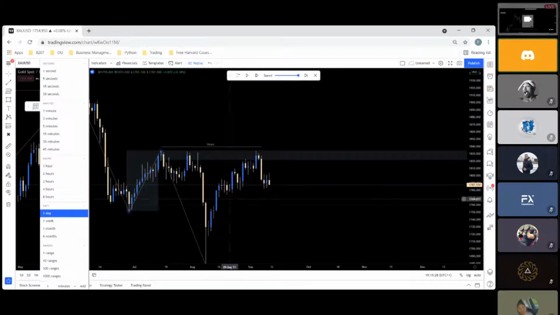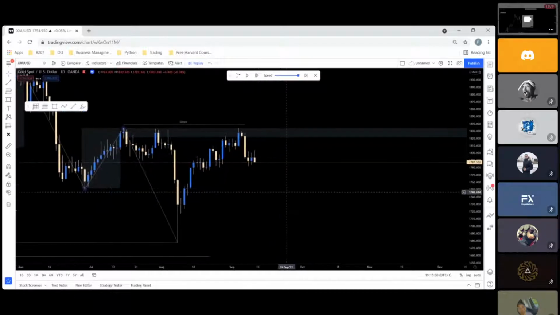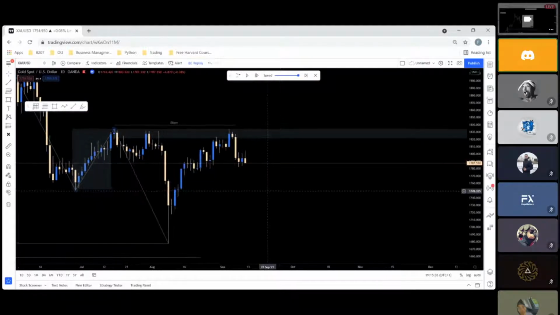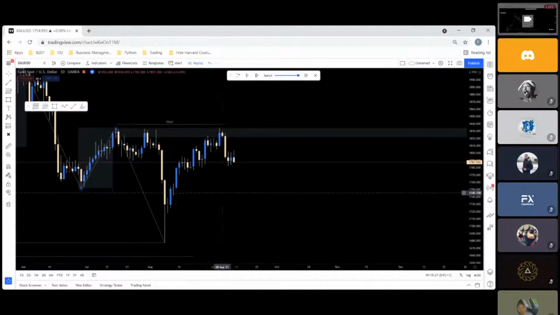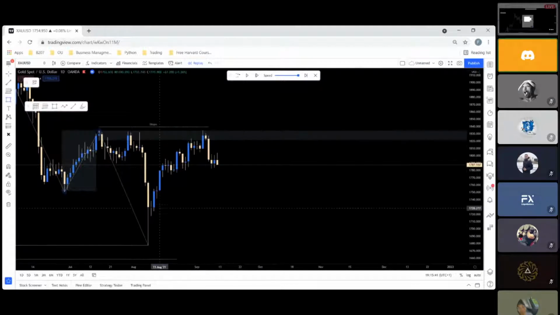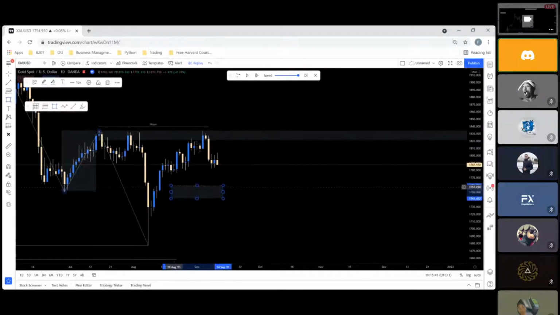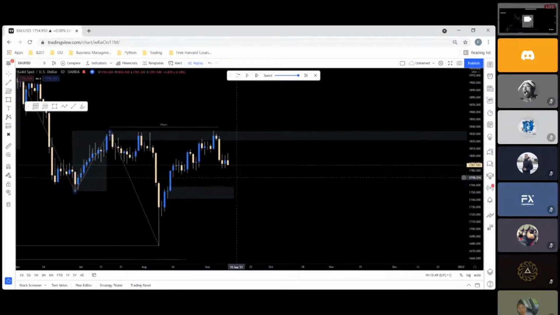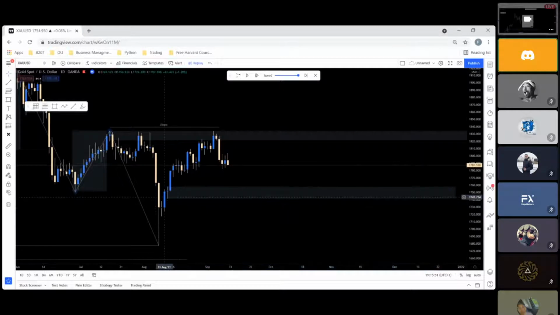So at this point, I will have a look for any POIs. For me, this wick here is what I like to call a hidden POI, and this would class as a demand zone.